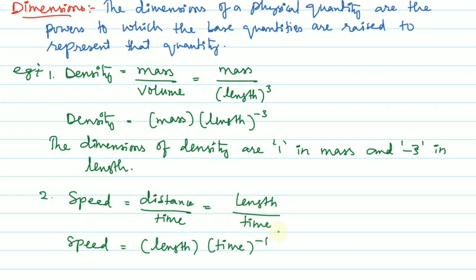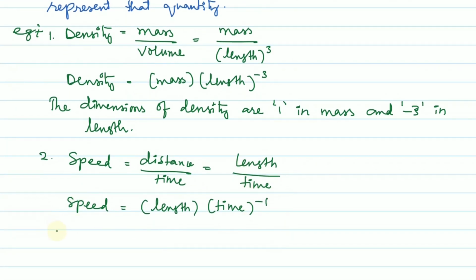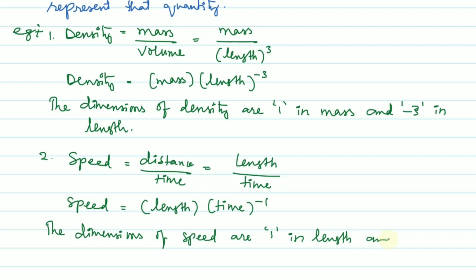So now we can say the dimensions of speed are 1 in length and minus 1 in time. I think you have understood what are dimensions.